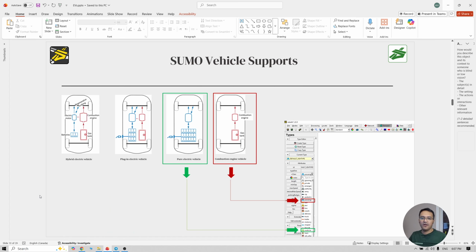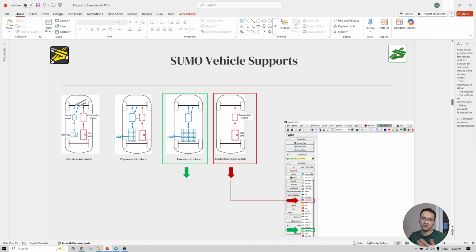But in SUMO, what we can model is not hybrid or plug-in; basically it's pure electric vehicle, and also the combustion engine vehicle. As you can see on the right side, I'm going to show you how to build this.